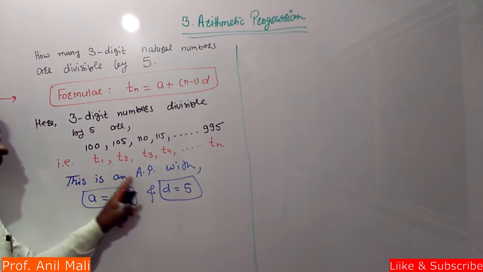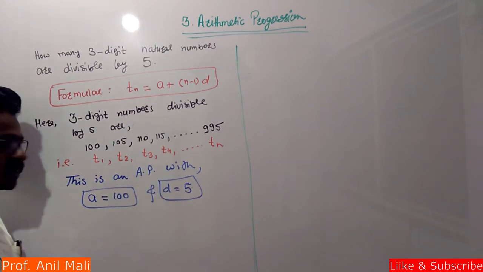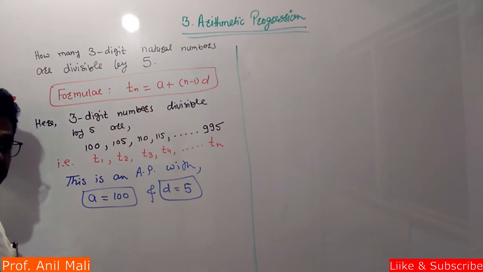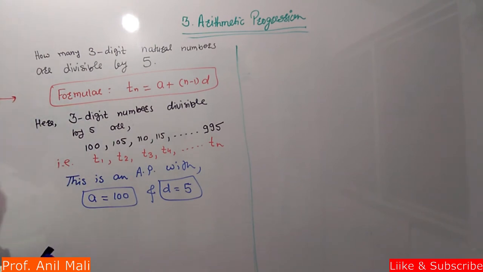So this is an AP with A equal to 100 and D equal to 5. The first term is 100 and the common difference is 5.